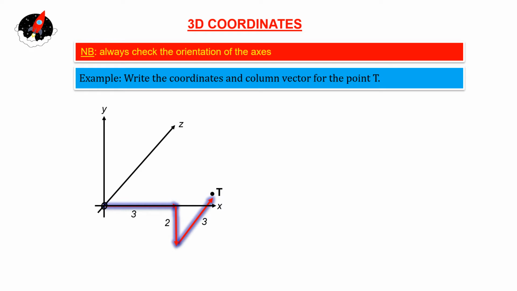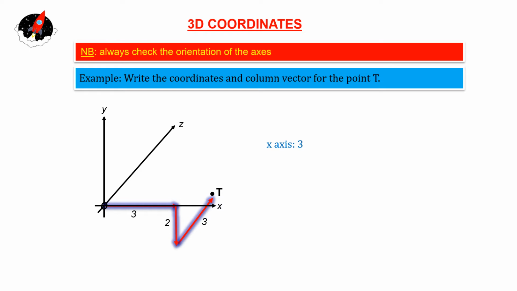So let's have a look at this example below. We've been asked to write down the coordinates and the column vector for this point T. So if we look at it starting at the origin, we need to go 3 to the right, so 3 in the X direction. And then the next bit is where we need to watch out, because remember it's the Y direction next.